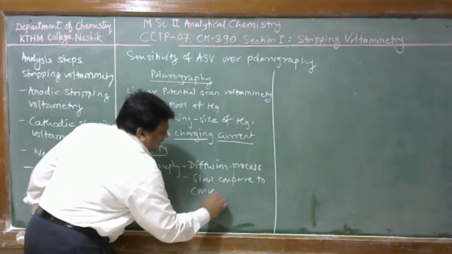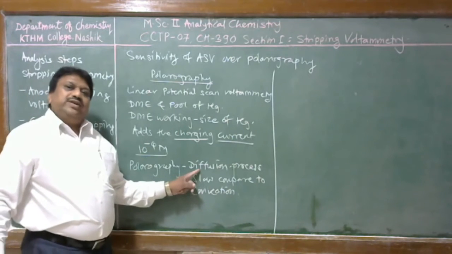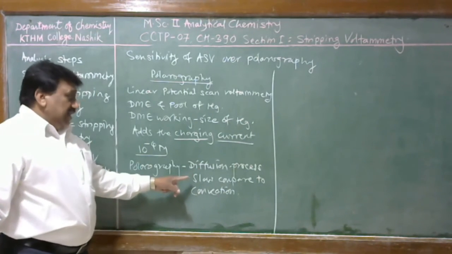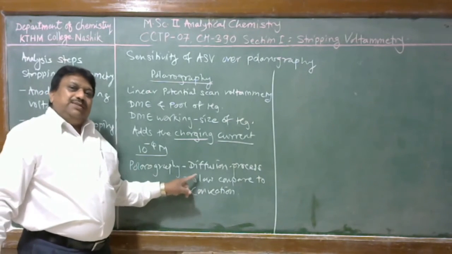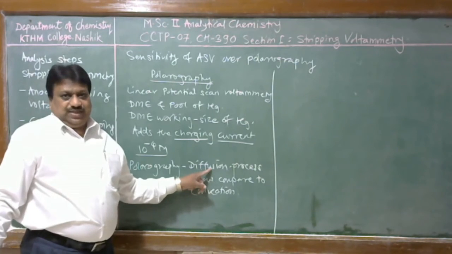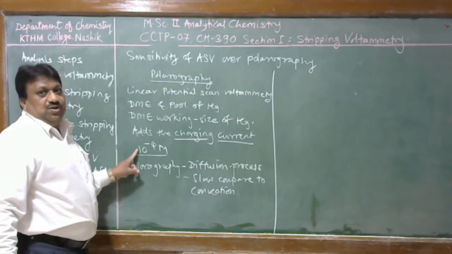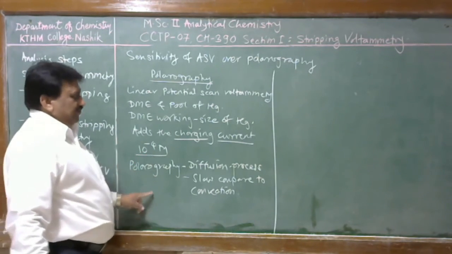Convection is by stirring the solution. Therefore, the analyte is transported to the electrode surface only by the diffusion process, and therefore this is slow. The total analyte may not reach the electrode surface. Therefore, it measures concentration only up to 10⁻⁴ moles.